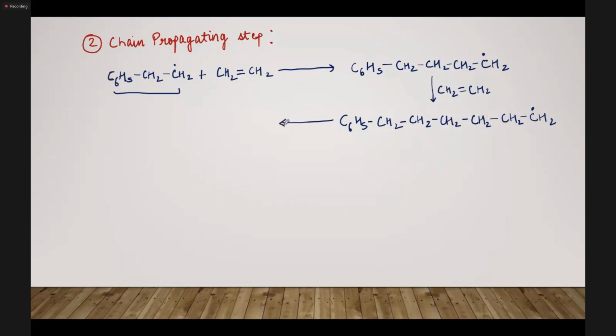ठीक है, ऐसे करके this step will be repeated multiple number of times and after some time you see the chain is very long. ठीक है, तो even when we do the further polymerization reaction examples, we will see कि obviously we will not write down the complete chain because it is a very long chain. ठीक है, तो हम उसको short में denote करने के लिए इस तरीके से लिखते हैं.